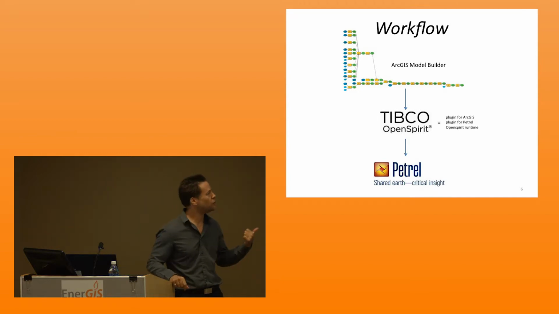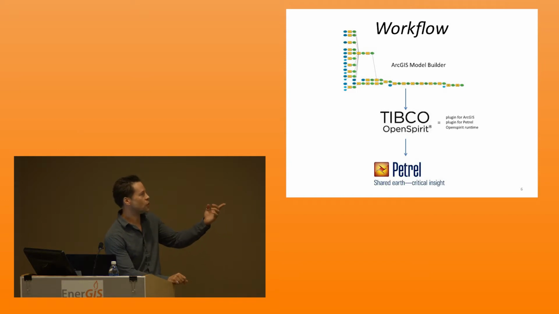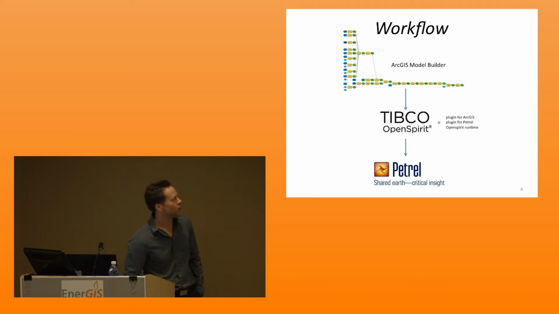So in addition to ArcGIS and Petrel, you need these 3 other pieces of software from Openspirit. You need the plugin for ArcGIS, you need the plugin for Petrel, and you need the runtime to put the whole thing together.